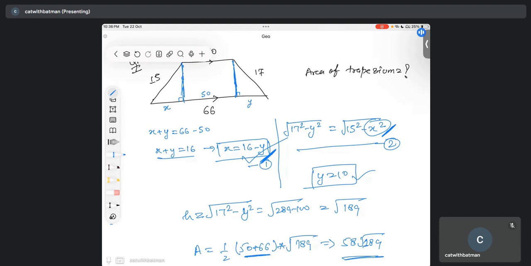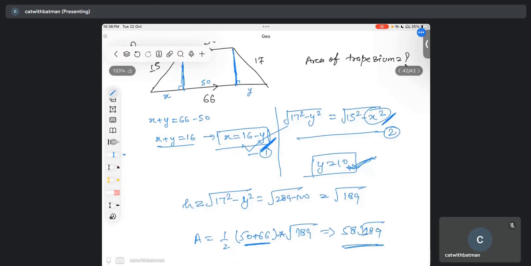Although I'm not sure if you will be getting y equals 10, I have just written it for the sake of it. Maybe you will get it. In my solution, I can see this y value written along with the question. So I hope that this is correct. Okay. You can try to solve it and find it out.